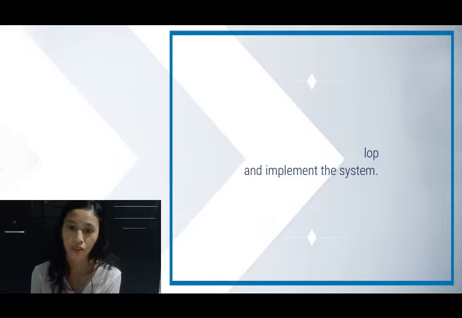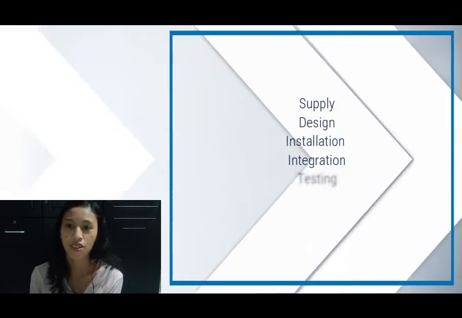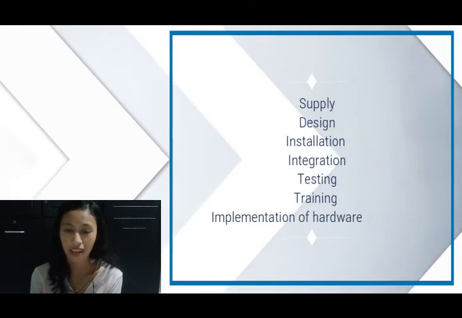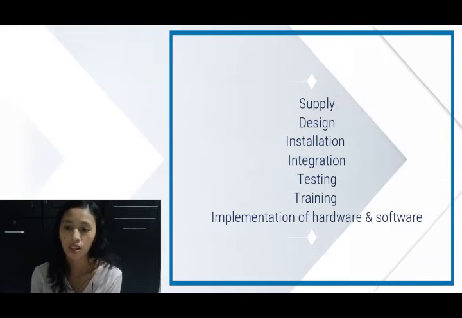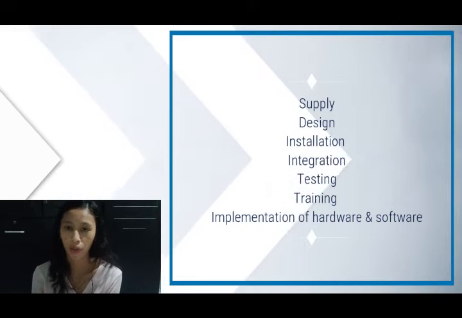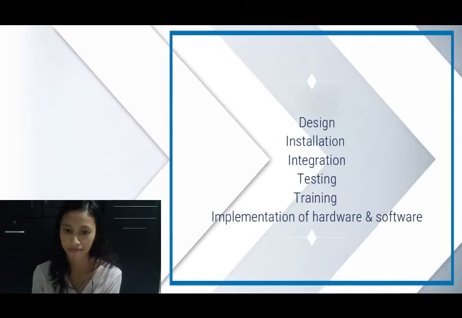One-time cost means first-year cost, which includes the cost of supply, design, installation, integration, testing, training, and implementation of hardware, software, and any other required component of the proposed solution.